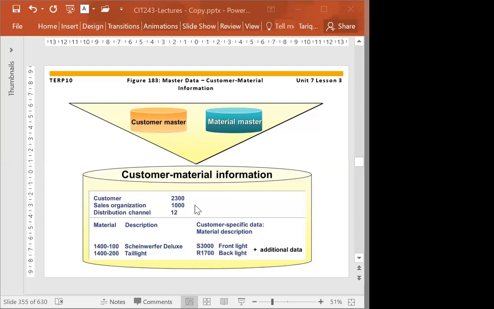We just go get customer material information, and from this table, we pull the information. It just saves computer time. That is what the customer material information table is, and that is why we call it master data.